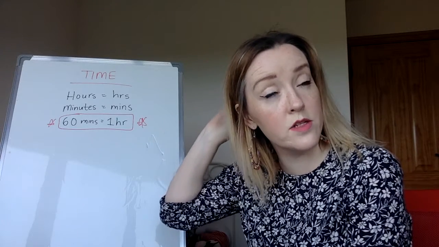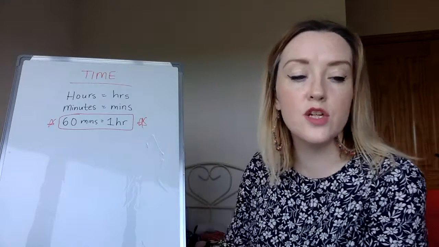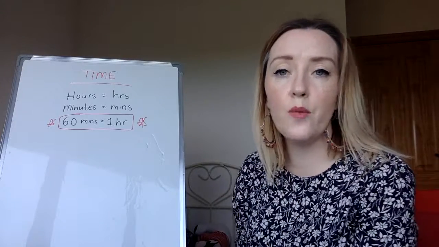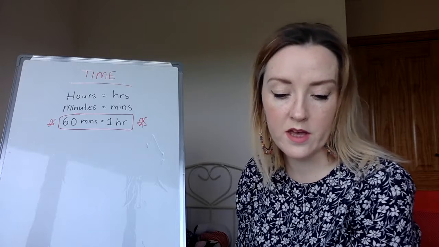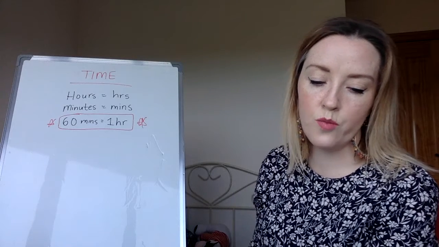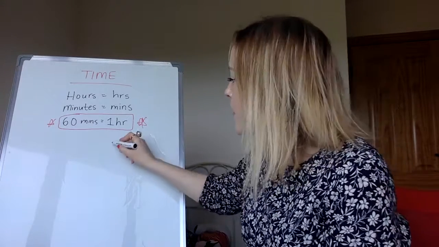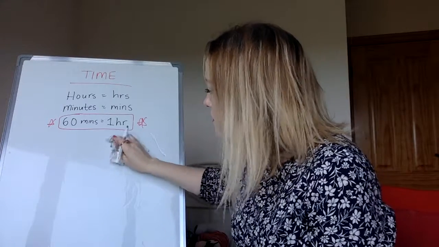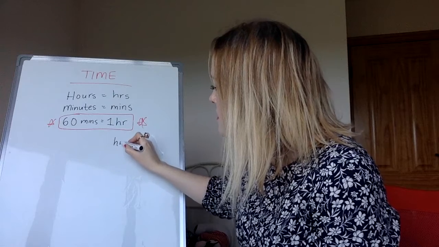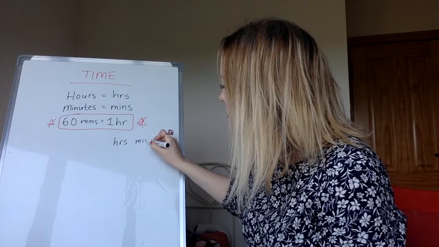I'm going to go through examples of Busy at Maths to show you how we subtract with time. Okay? So I'm going to look at the first one here, 1A. Again, we have our hours and minutes.